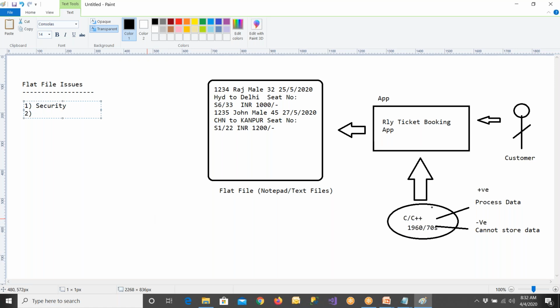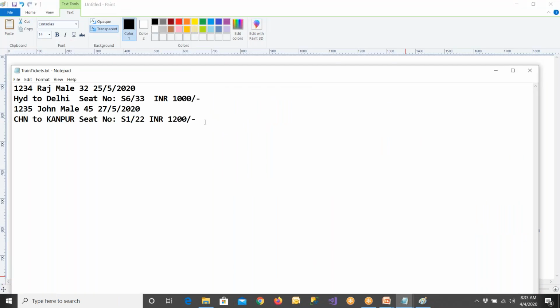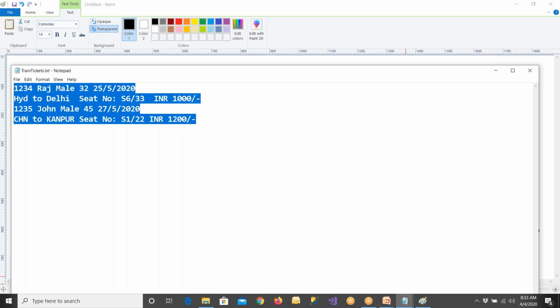The second one is that there is a size issue. What do you mean by size issue? I am talking about the 1960s and 70s, at that time. We cannot store unlimited data in the flat file. There is a limitation. At that time you could have 1,000 rows or 2,000 rows per flat file. If one flat file is full, you cannot store more data. People have to delete the file.